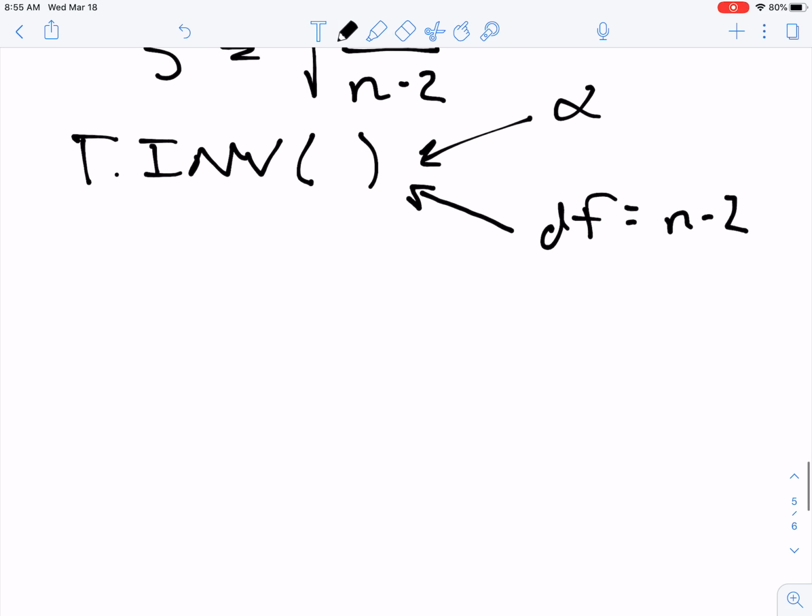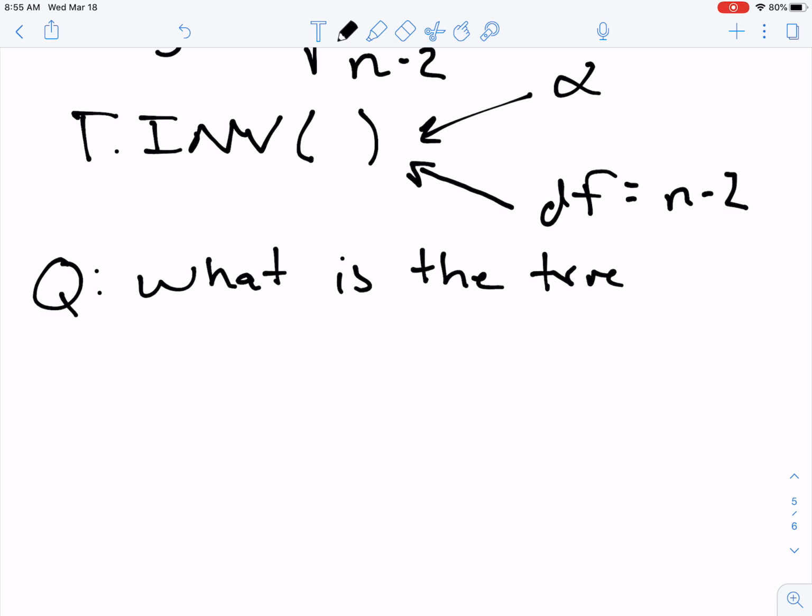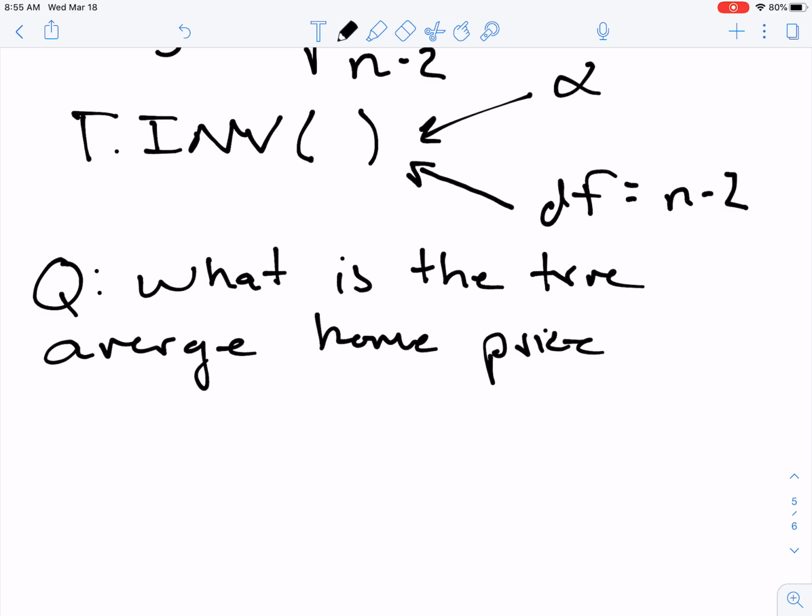So now just to implement that, let's go through a couple of questions. Question: what is the true average home price for 2,000 square foot homes?